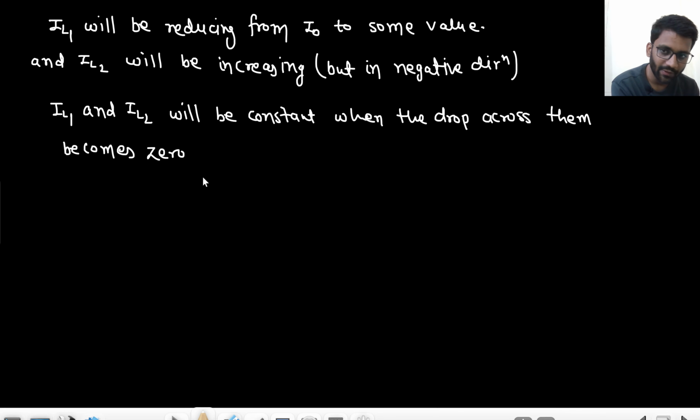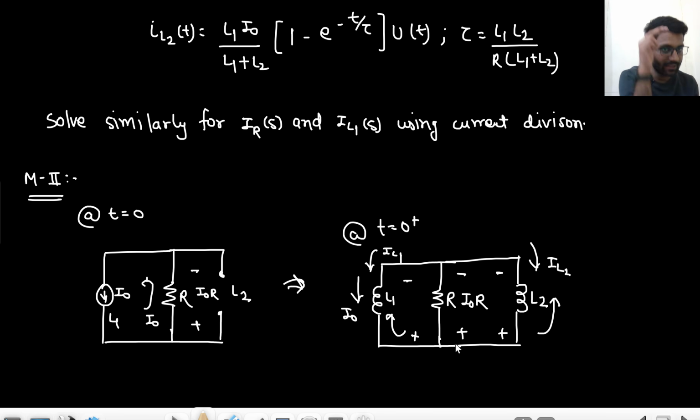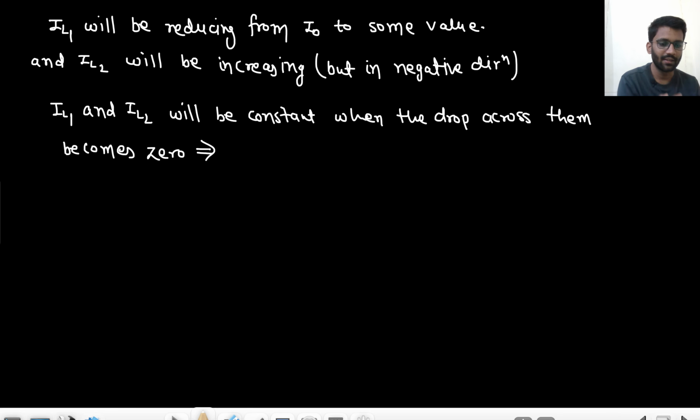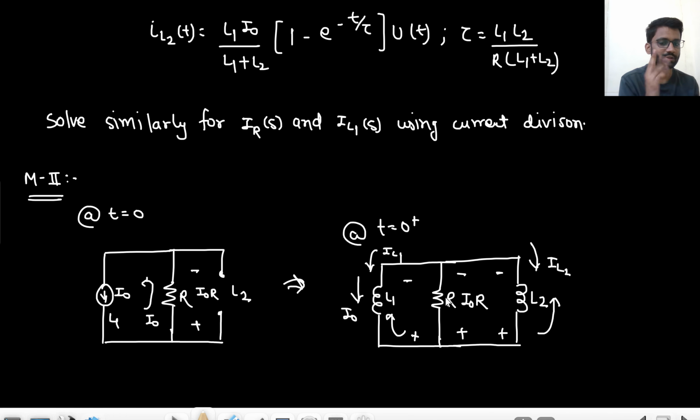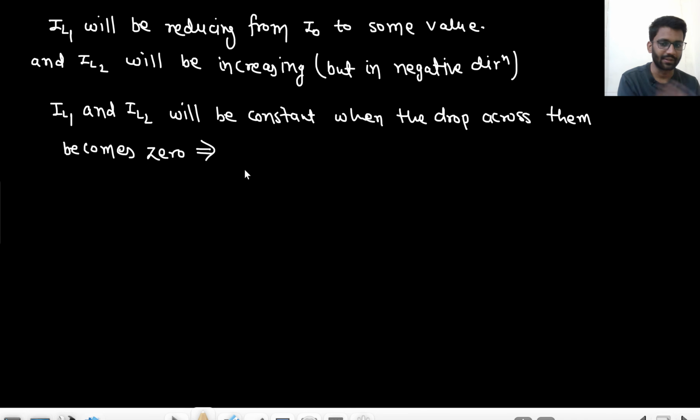And when will that happen? When will the drop across both of them become 0? When there is no current in the resistance, right? If there is 0 current in the resistance, the voltage drop across the resistance will be 0 and the same voltage drop across the inductance will become 0.